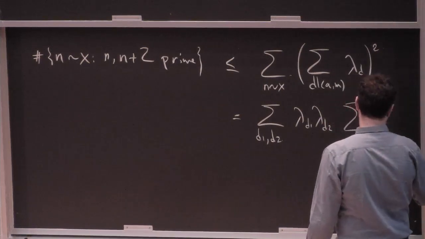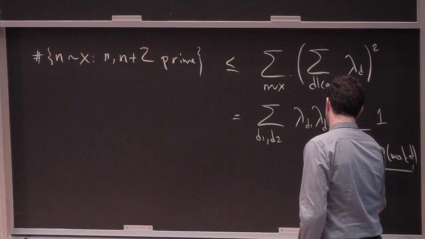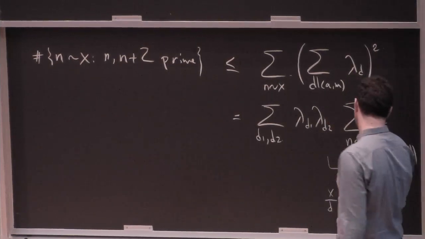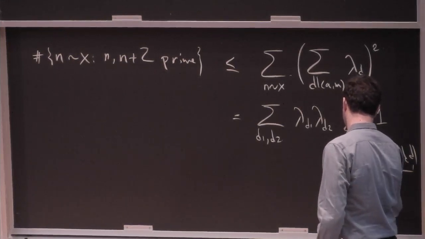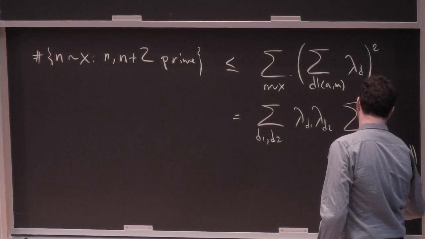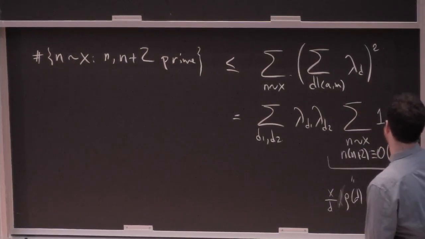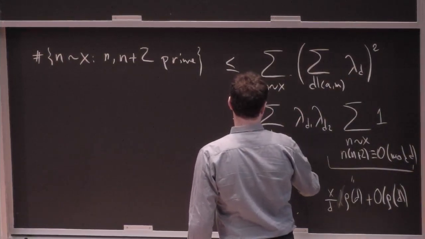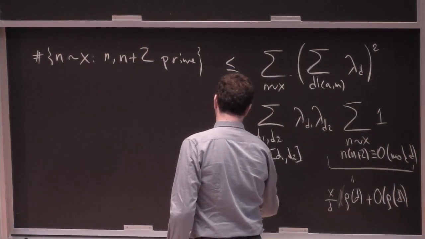And this count now equals x over d, because we split x into intervals of length d, and then we look at what happens there periodically. And rho of d is the number of local solutions.